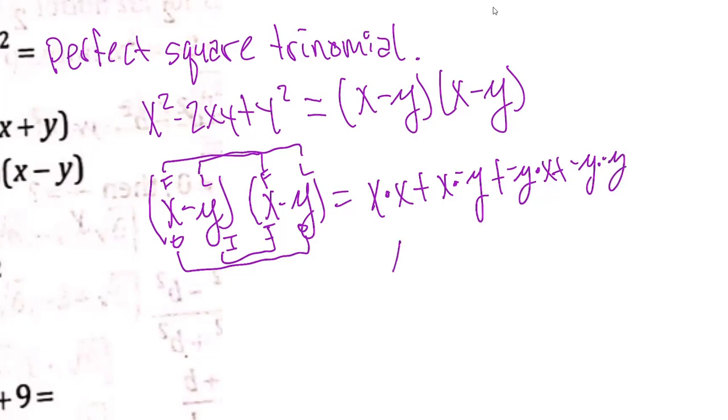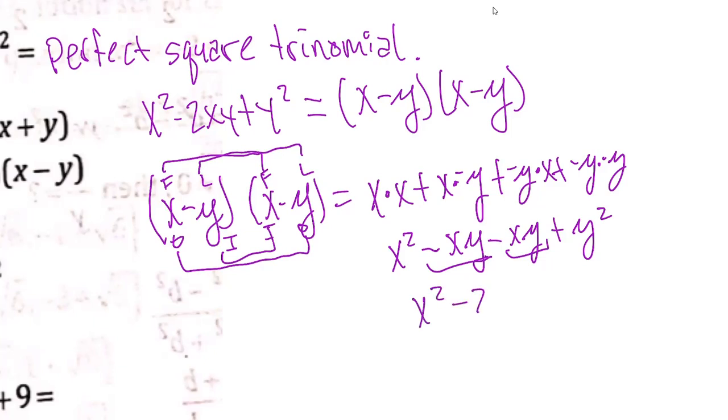And then we have x squared, right, minus xy minus xy plus y squared. Now these are the same, so we add them together, which leaves us x squared minus 2xy plus y squared.